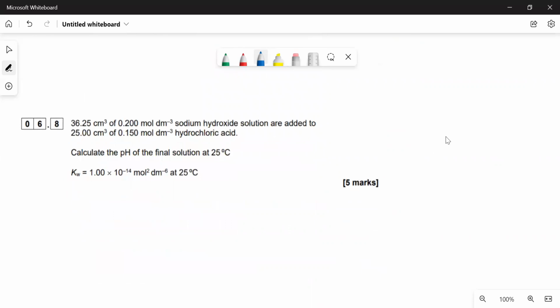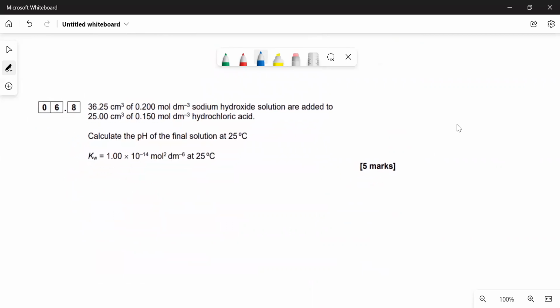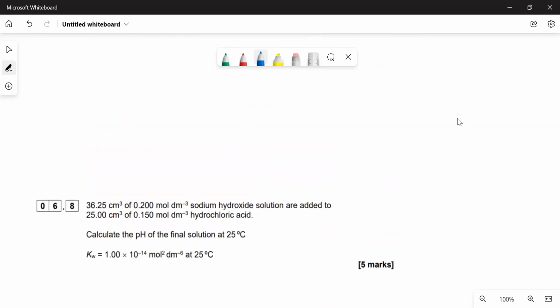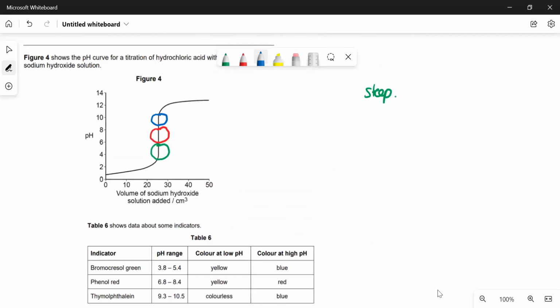Okay, now this is a tricky calculation here. It's 5 marks, and we're asked to calculate the pH when we add a certain amount of sodium hydroxide to hydrochloric acid. So if we just have a quick look at this curve here, it's not at the end point, so it's asking us to find out the pH of the solution somewhere along this curve.